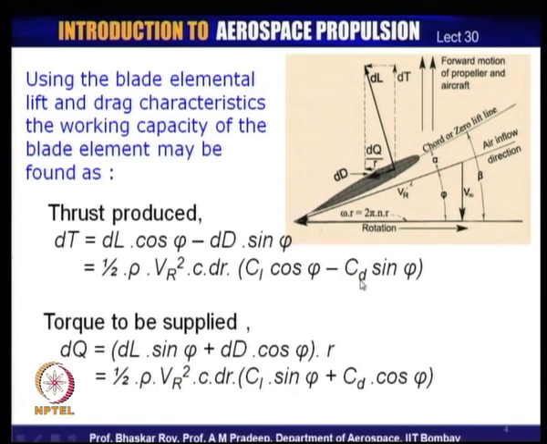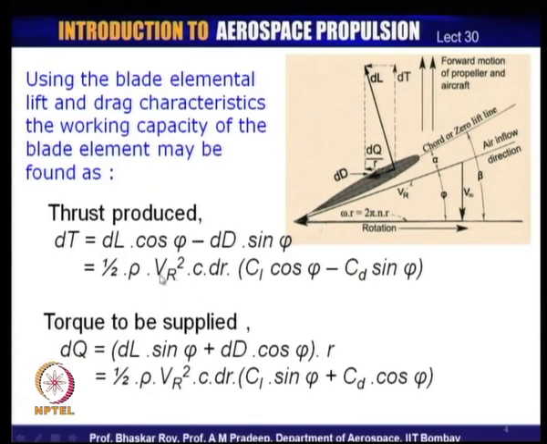Same with C_D, its value would vary from root to the tip of the blade, and the value of phi also would vary from root to the tip, depending on the rotational speed, which depends on r omega, angular velocity being constant. So, phi would vary also from root to the tip of the blade. So, in this thrust creating equation, except for rho, all the other parameters are varying from root to the tip of the blade.